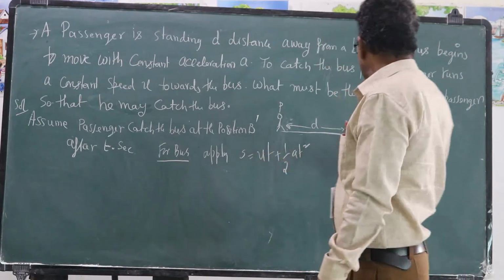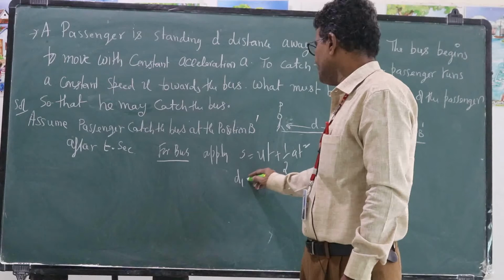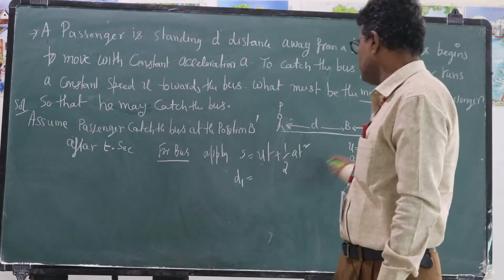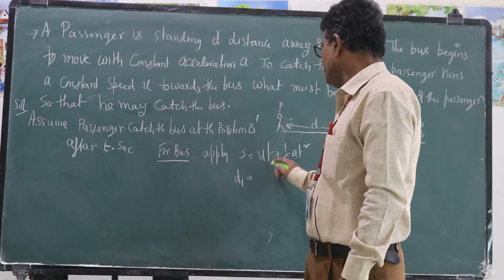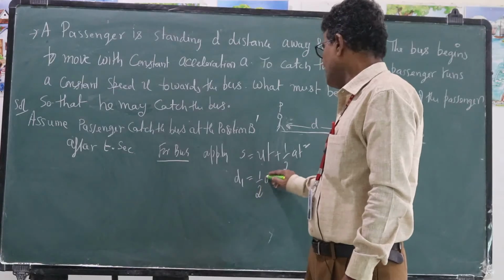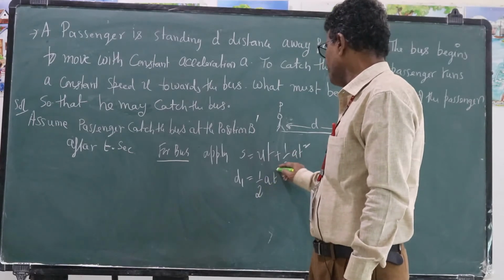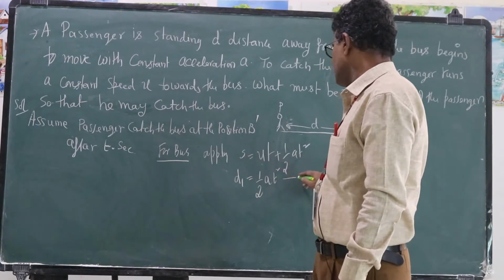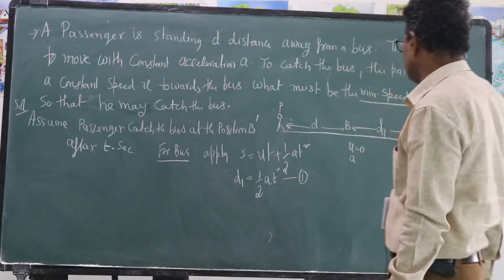So d1 equals the initial velocity of the bus, 0, into t, plus half a t square. Let that be equation 1.